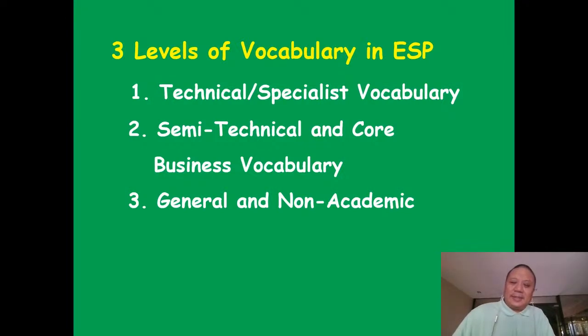Then you have semi-technical and core business vocabulary. Maybe other practitioners also use this kind of vocabulary. Like due diligence. What do you mean by due diligence? It means exhausting everything to make sure that a transaction is legal. That's what you mean by due diligence. And you have general and non-academic vocabulary.